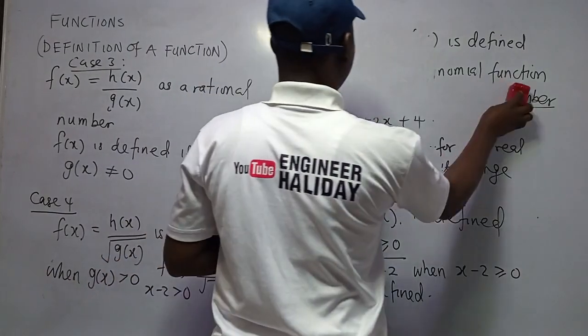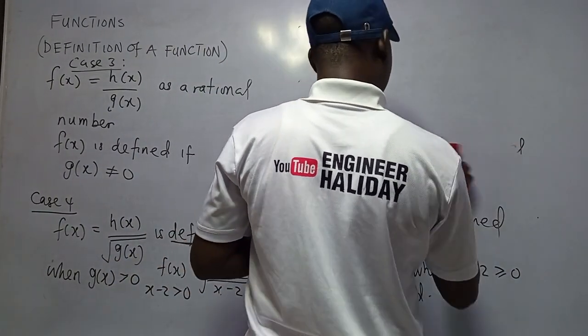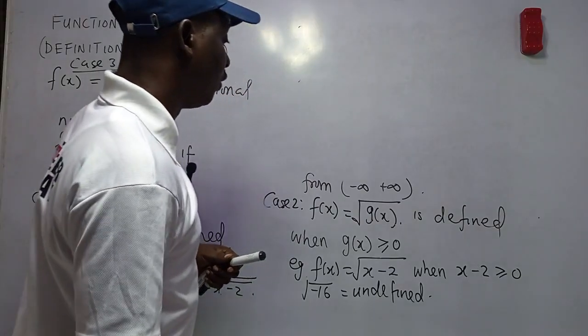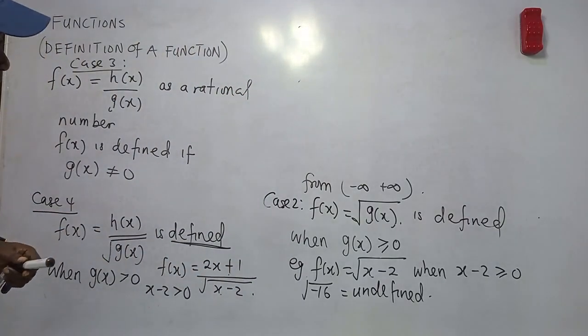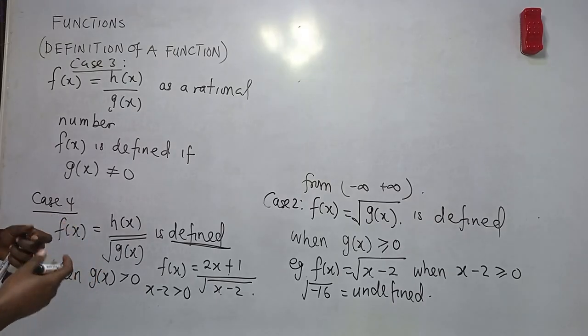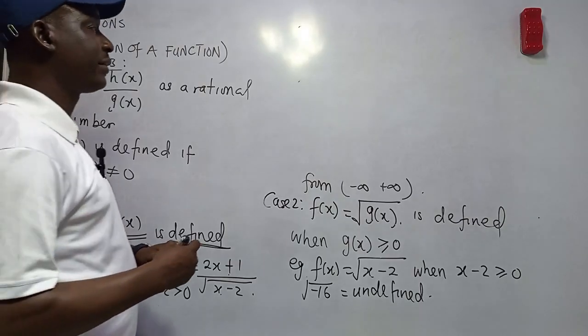Now let's go to case 5. We are done with all the cases, but I think the major cases relate to all the other cases as the case may be. So we want to look at case 5.